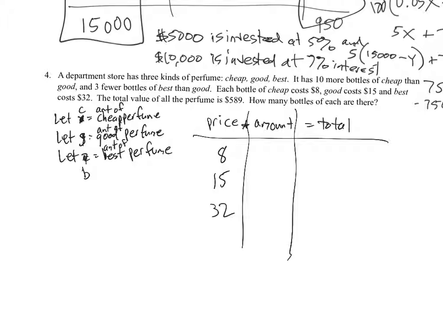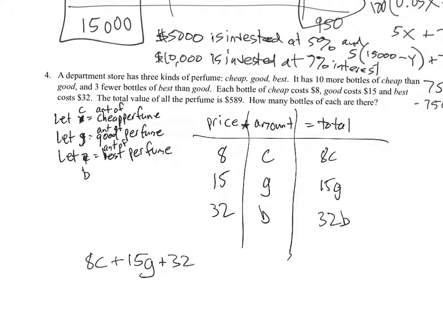Your total is going to be 8C plus 15G plus 32B, all of that equals 589.